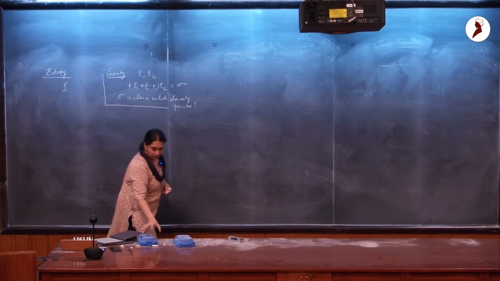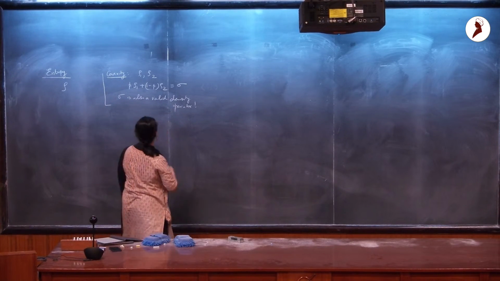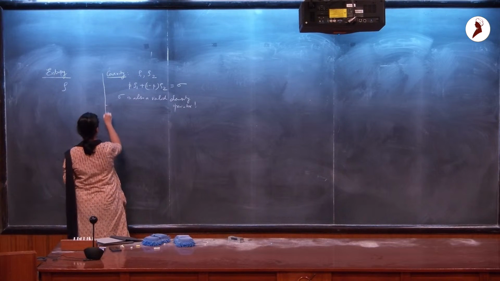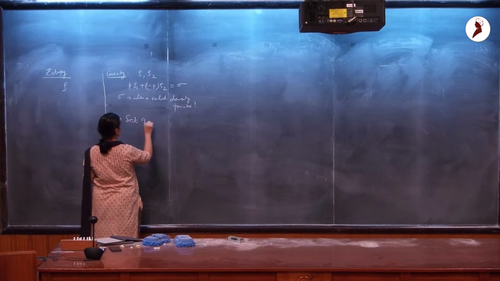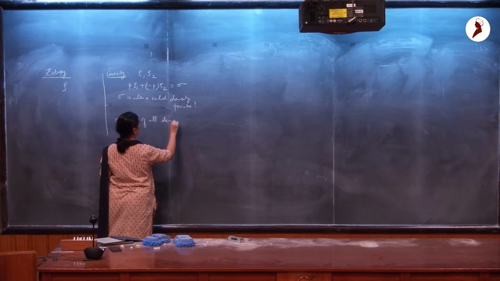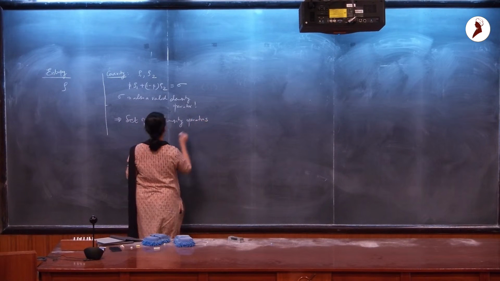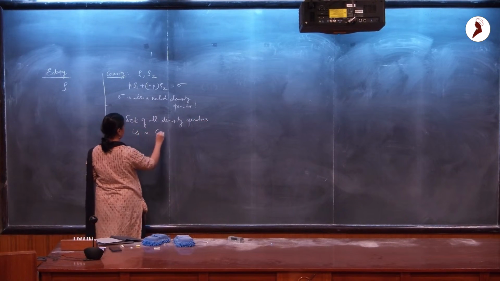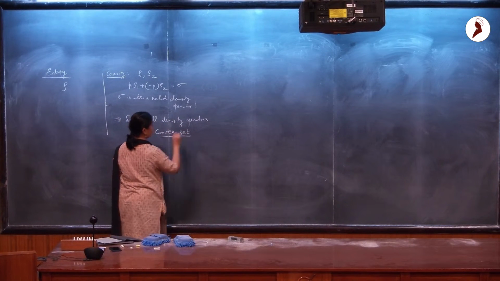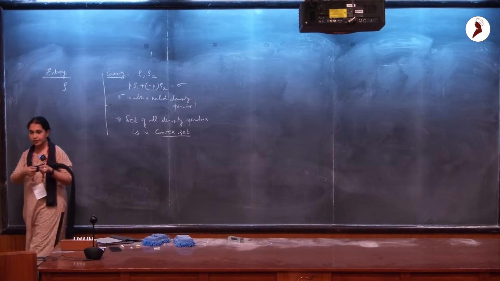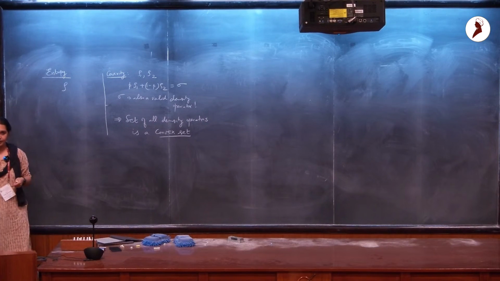So this tells me that the set of all density operators forms what we call a convex set. Meaning I make these convex combinations of elements of this set and I get back elements of the set, right?